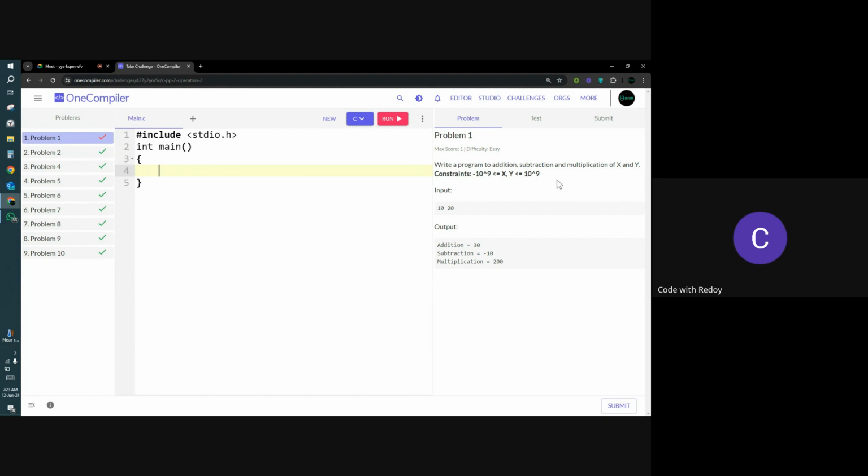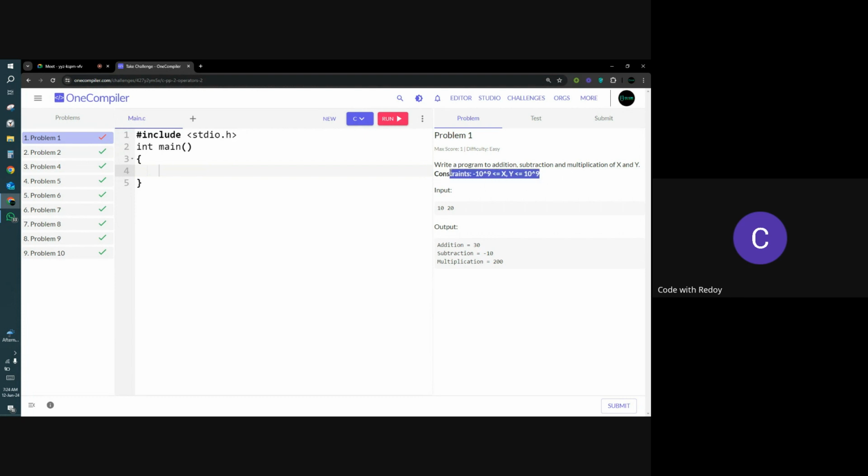Yeah. But the difference is in PP1, there were no constraints. But now you can see there is a constraints.